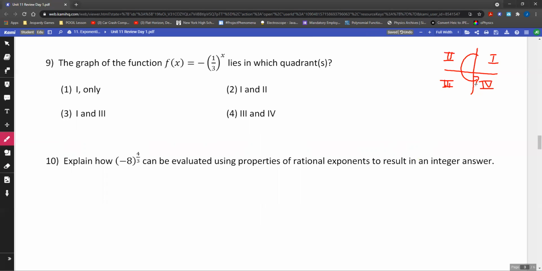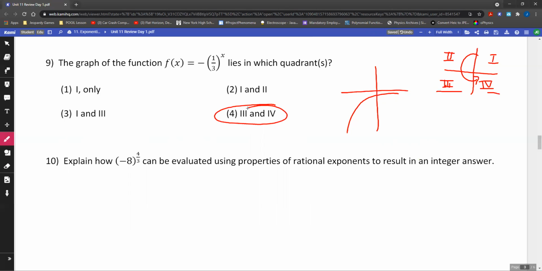Pay attention to the fact that the negative is on the outside of the graph. Once again, graph it so it fits. The graph should look something like this. So it looks like it's in 3 and 4.